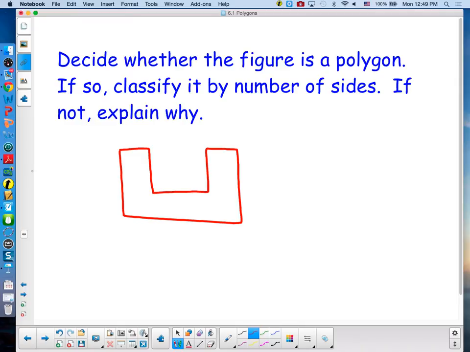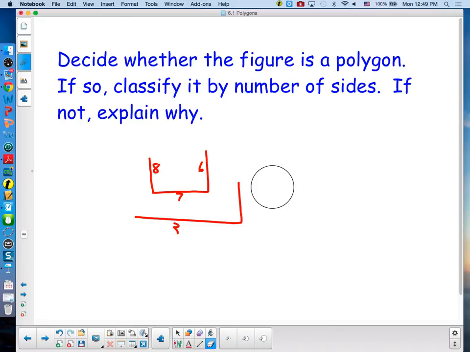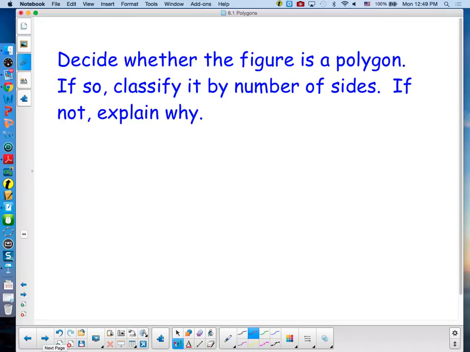It is an octagon. Counting the sides: 1, 2, 3, 4, 5, 6, 7, 8. Should have been 8 sides. Octagon. Okay, let's go with.